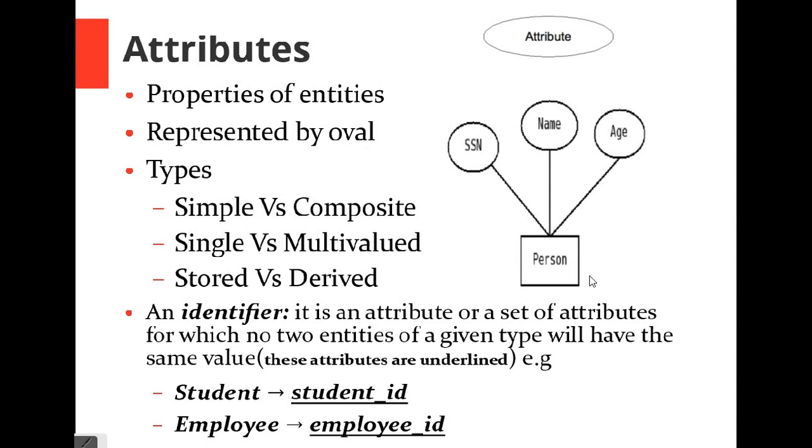That unique attribute, or it could be a group of attributes, that can uniquely identify each record of an entity is known as the identifier. So for example, if you have an entity student, an identifier could be the student ID because we have only one record of student ID for each record of a student. An employee ID could be another example in an employee entity. For every record of an employee, we will have one record of the employee ID.